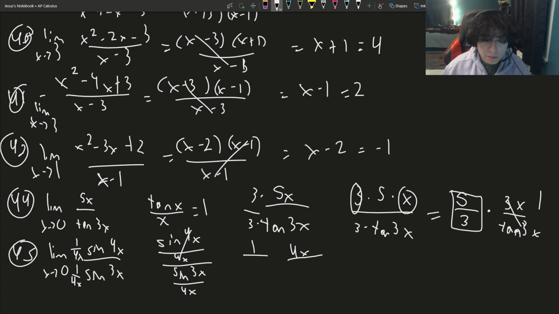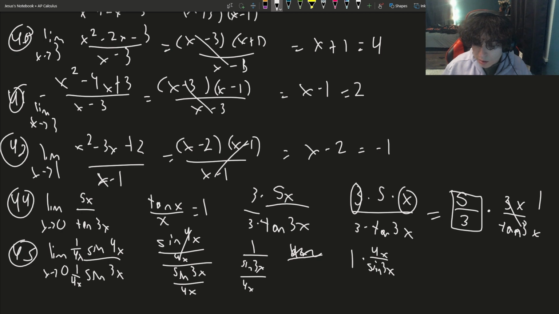Because when you have 1 over sine of 3x over 4x, let me go back. Let me erase this. This is the same thing as saying 1 divided by sine 3x over 4x, so you just multiply by the reciprocal, so it would flip like that. And then you have a 4x at the bottom, and we know that we could just mix and match, so then we just do what we did up here.